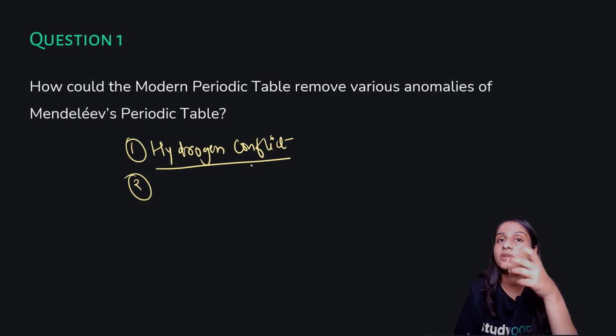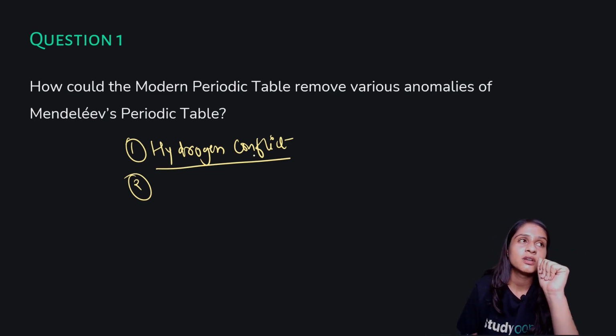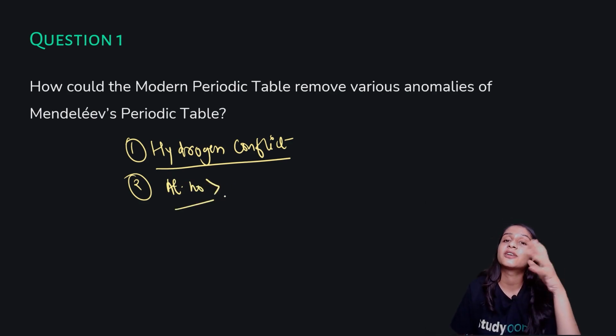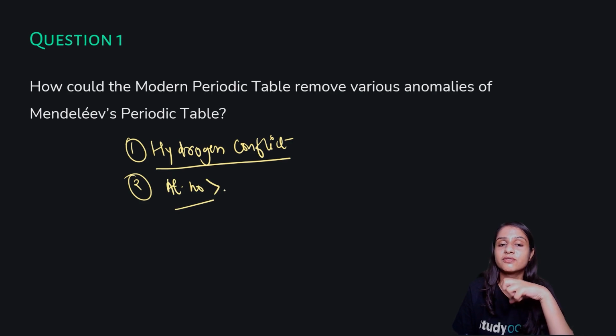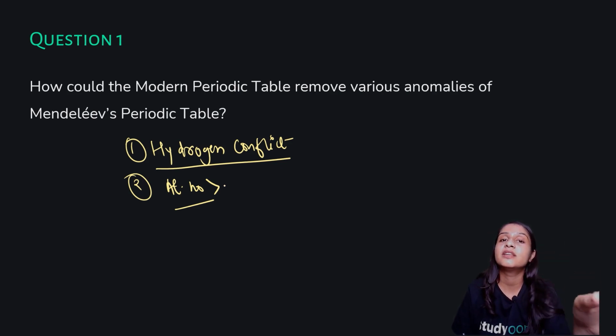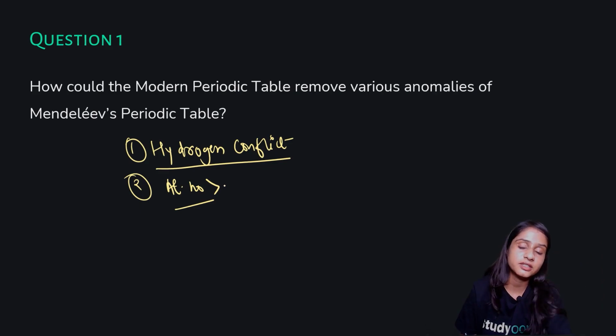There is no hydrogen conflict, it is placed, and because of the atomic number, the modern periodic table has turned out to be more informative and resilient compared to the other scientists' tables.